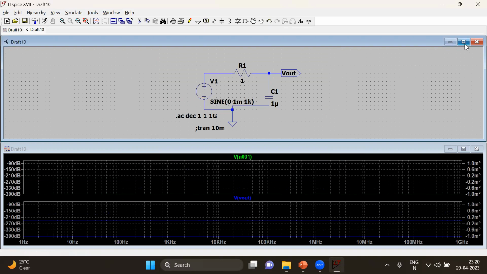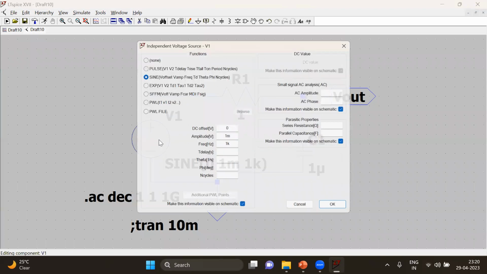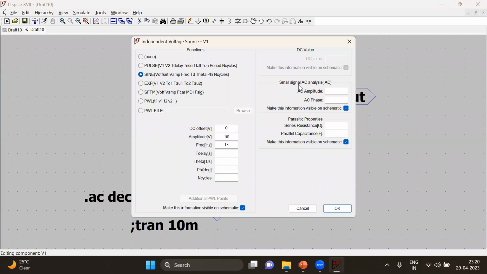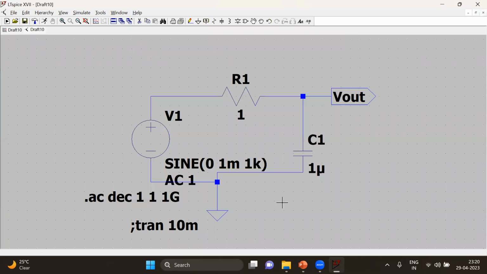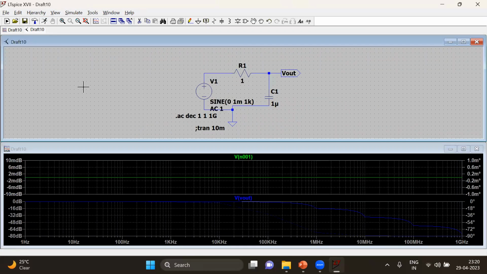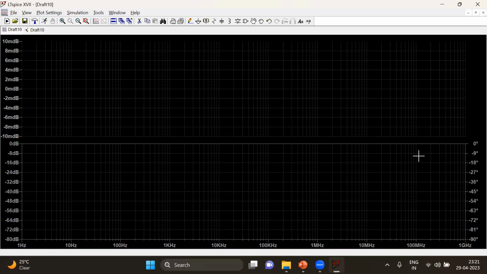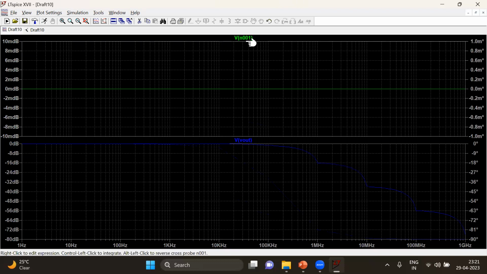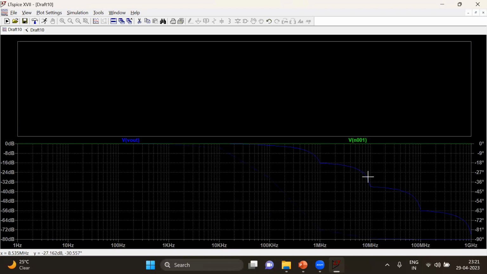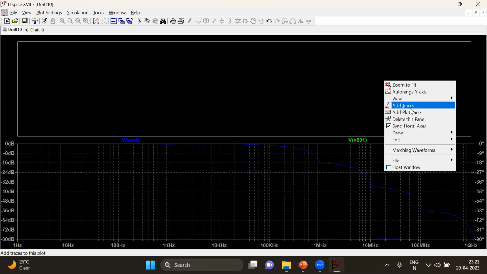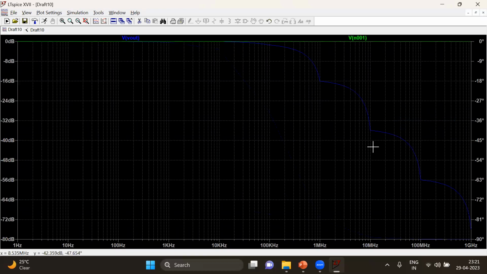To plot this frequency response, you need to right click it, and there is small signal AC analysis there. Type 1 over here so that you will get a frequency response. Now you can see the frequency response of the circuit. I'll just take both the circuits in a similar way. So delete this plane. Now you can see that this particular frequency response is very weird.